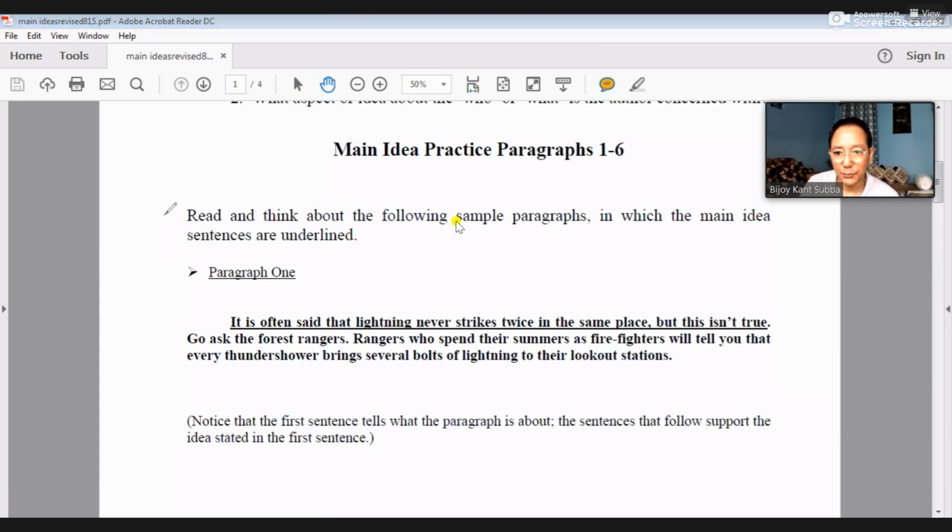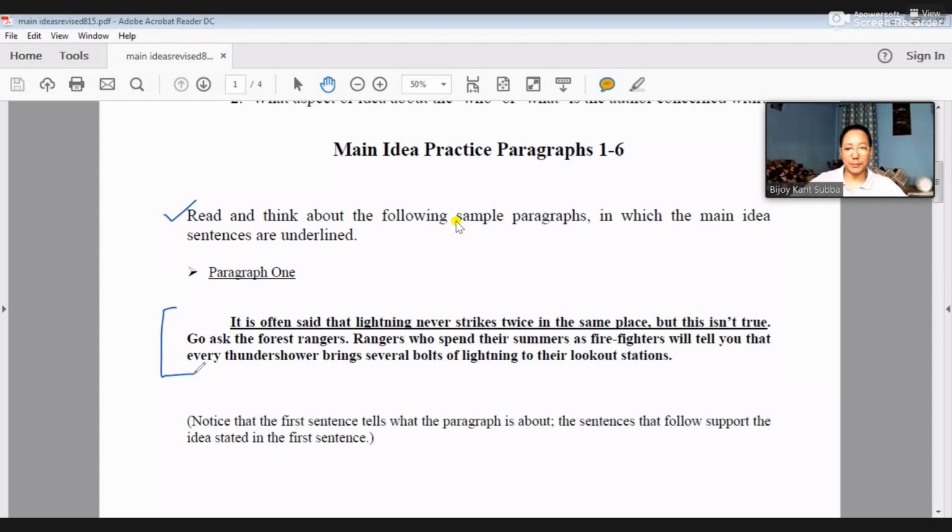Right. So first we're going to read this. Read and think about the following sample paragraphs in which the main idea sentences are underlined. Now, I want you to go through this paragraph. In our main idea we are also trying to understand the organization. Understanding the organization is very important.